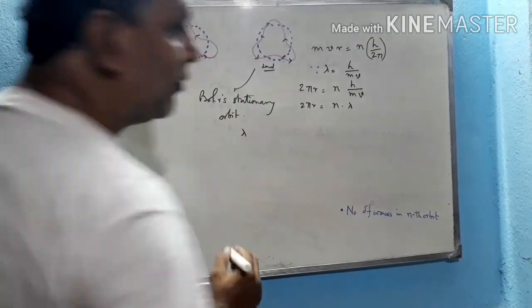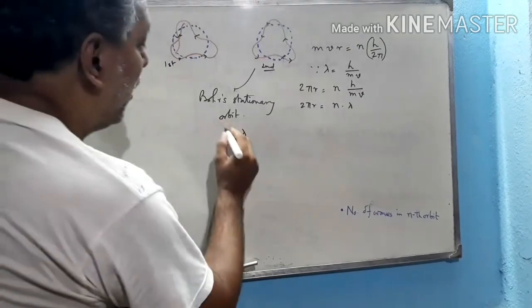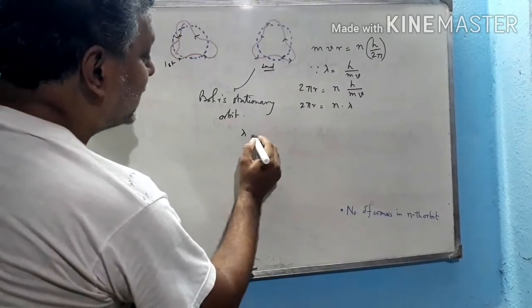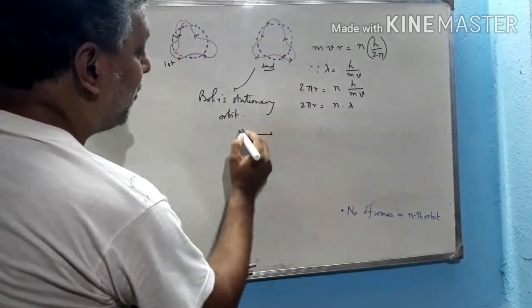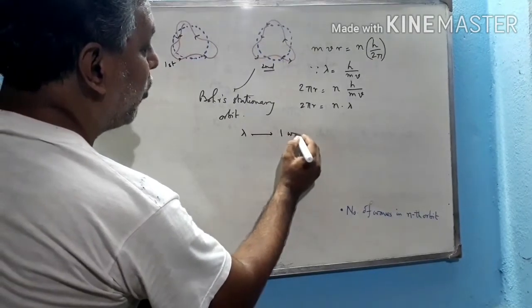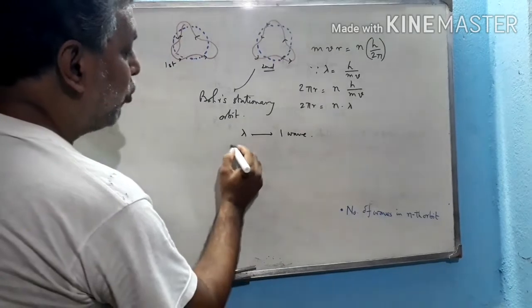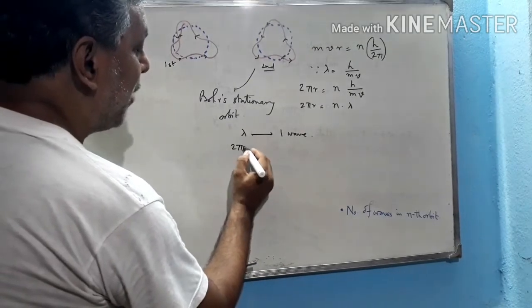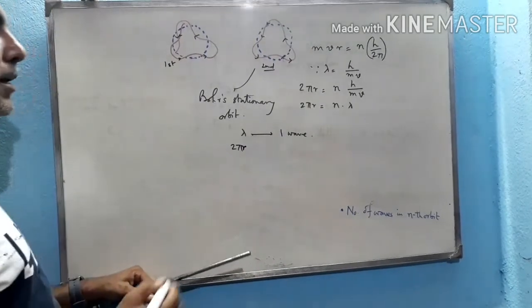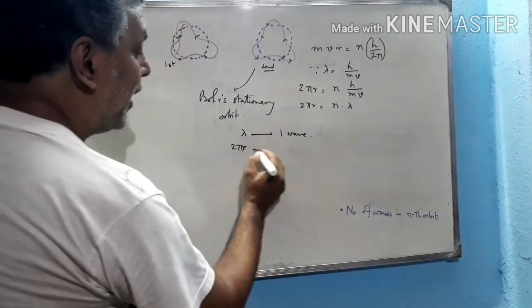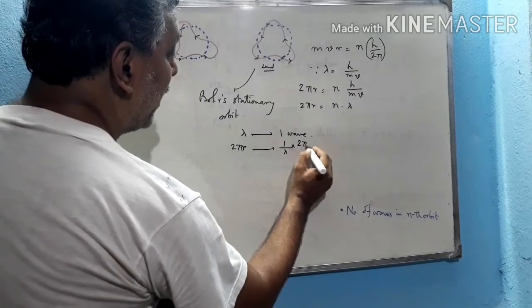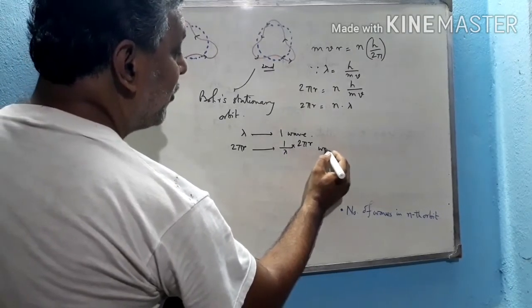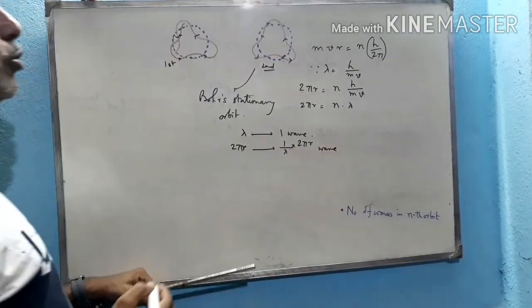So for a lambda displacement, it produces only one wave. 2 pi r is the circumference of the orbit. To displace 2 pi r, it requires 1 by lambda into 2 pi r. This is the number of waves.